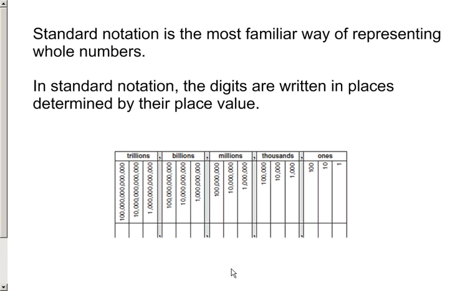Another pattern is that each of the periods or groups of numbers is divided into 3 places. There's the ones place, the tens place, and the hundreds place. And as we move to our left, there's the 1,000s place, the 10,000s place, the 100,000s place. You'll also notice that each period or group of numbers is separated by a comma.